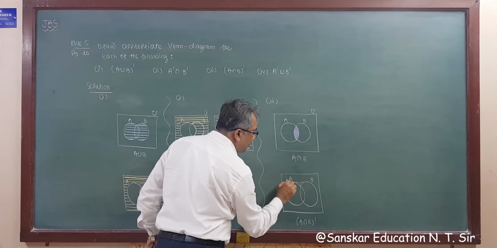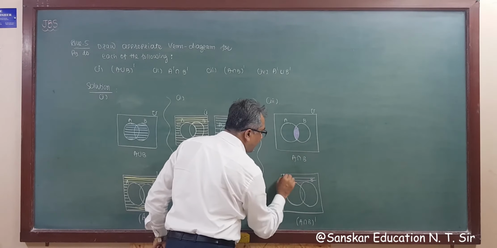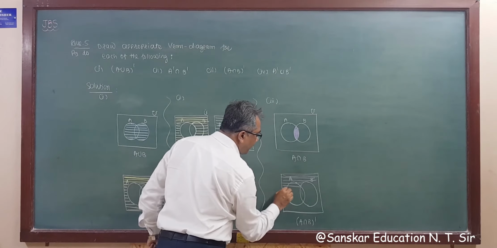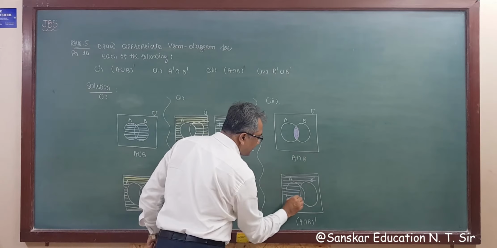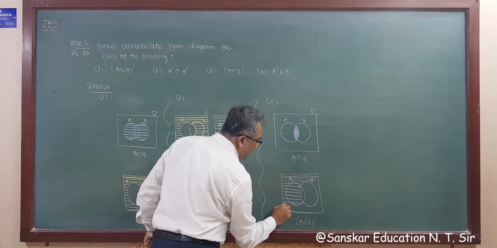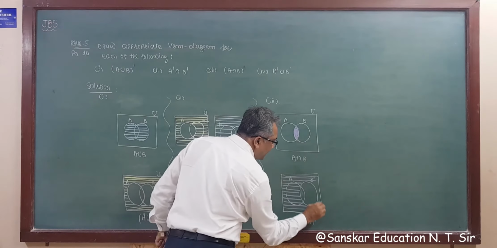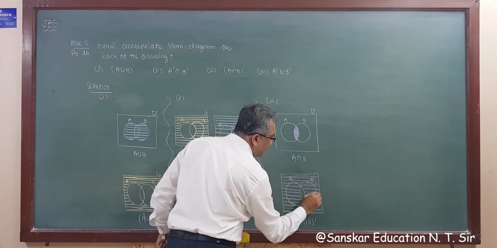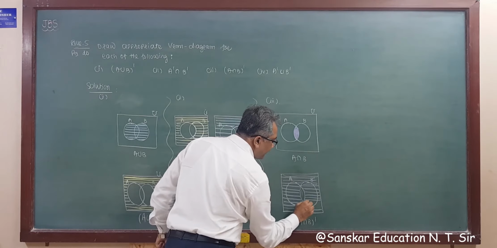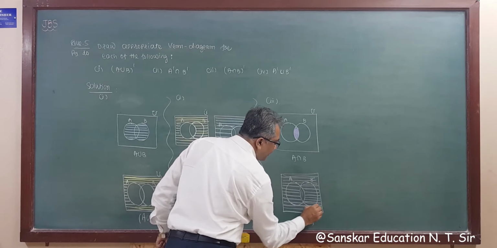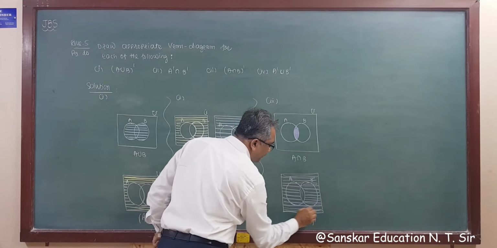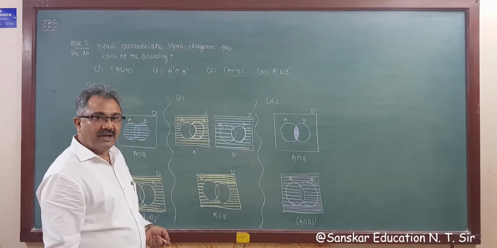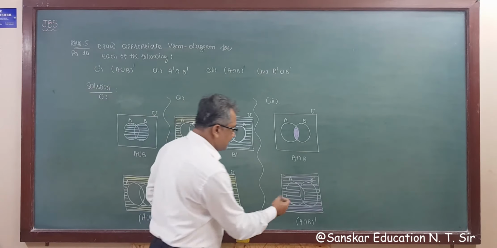So all these points, this area is your A intersection B dash. This is A intersection B whole dash, that is, the complement of A intersection B.